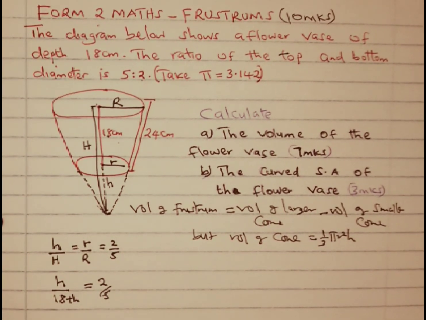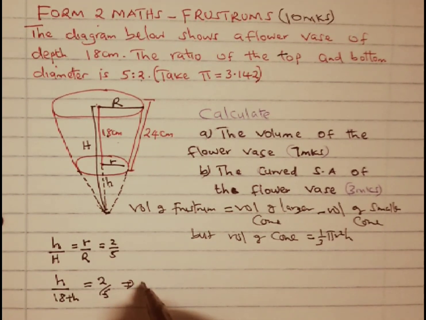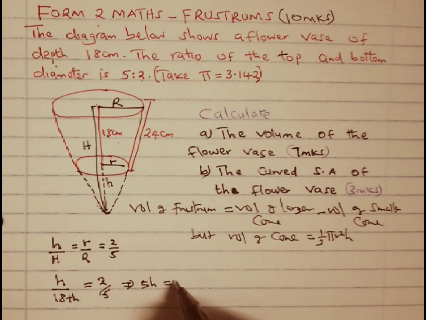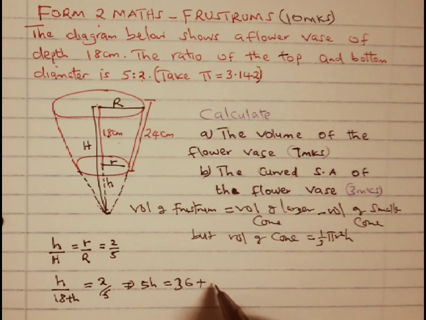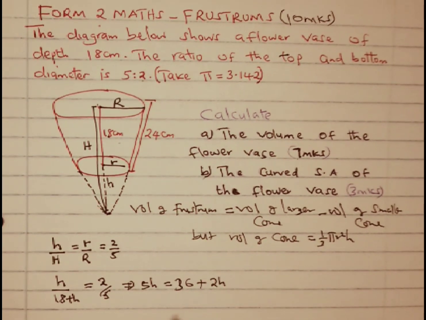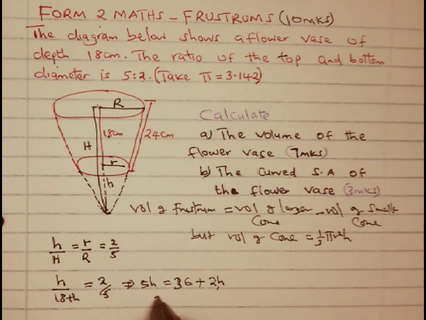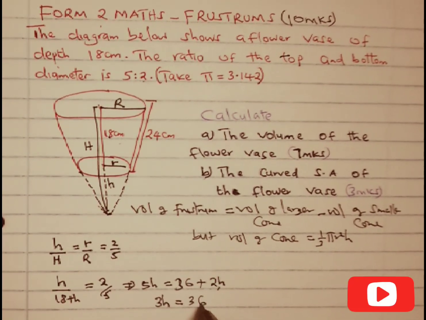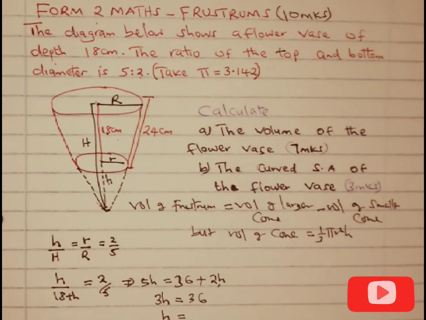Cross multiplying, we have 5h equals 2 times 18, which is 36, plus 2 times h, giving 2h. Bringing 2h to the other side, we subtract, and remain with 3h equals 36.